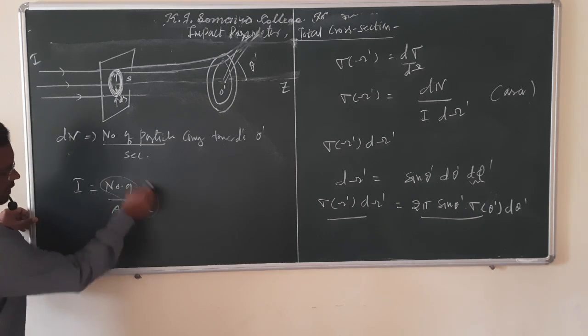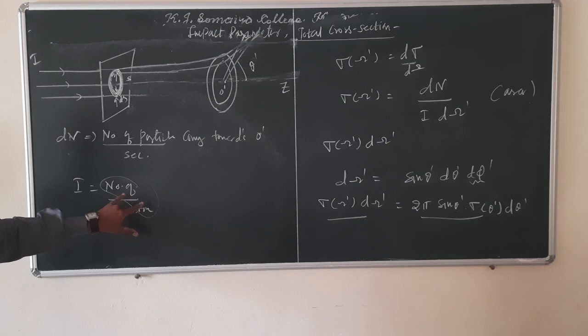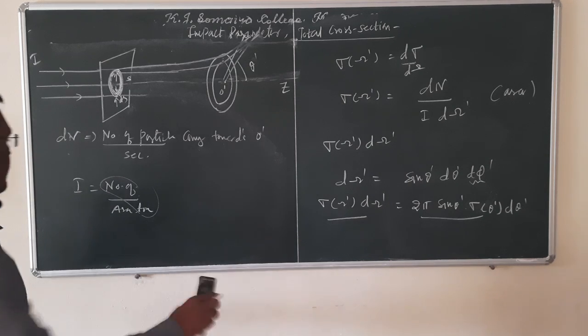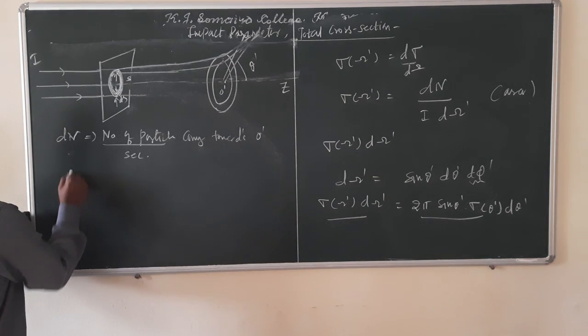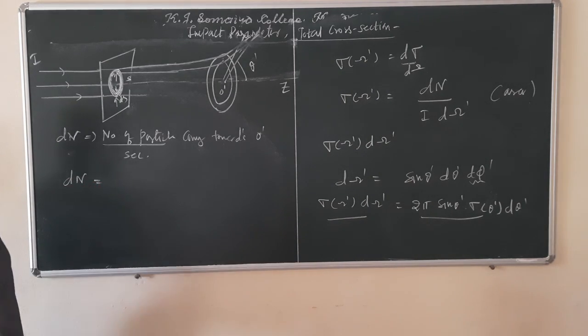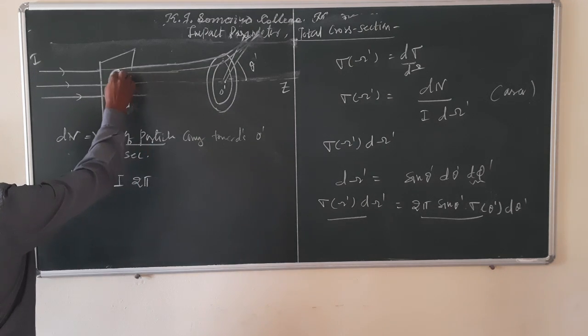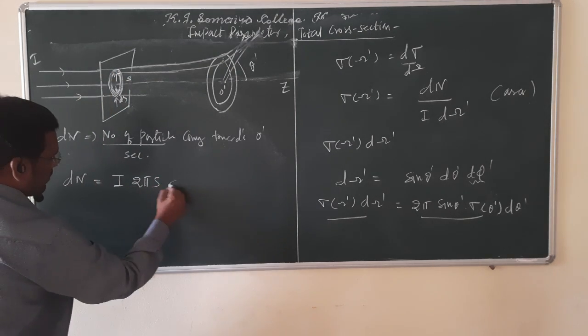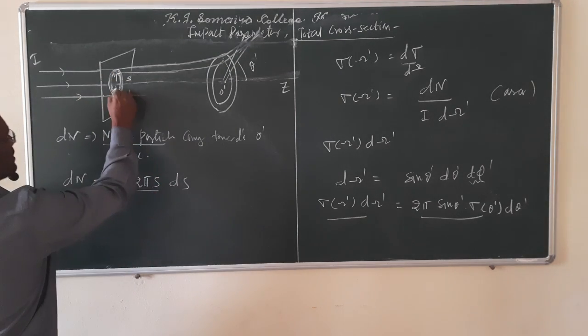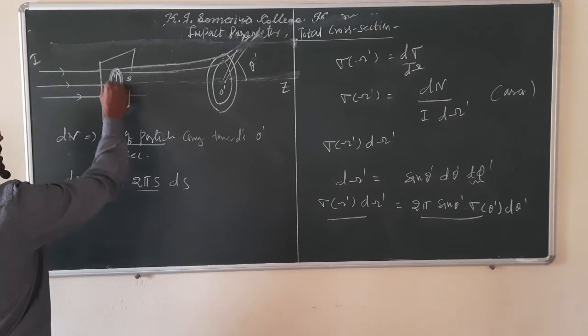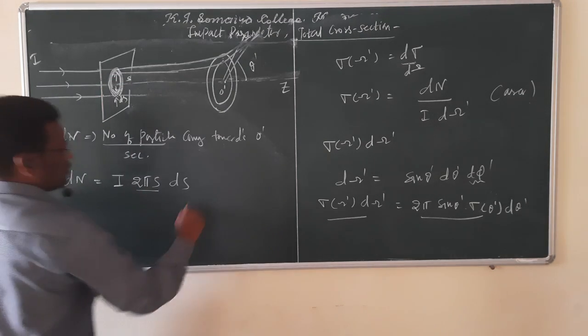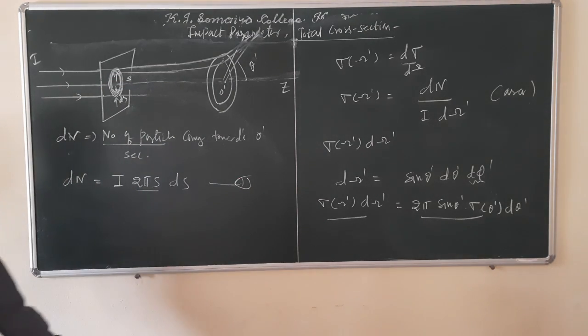So the number of particles per unit time is intensity multiplied by area. So dn is equal to intensity I multiplied by area. The area of this annular ring is 2 pi s multiplied by ds, where 2 pi s is the circumference and ds is the thickness. Call this equation 1.